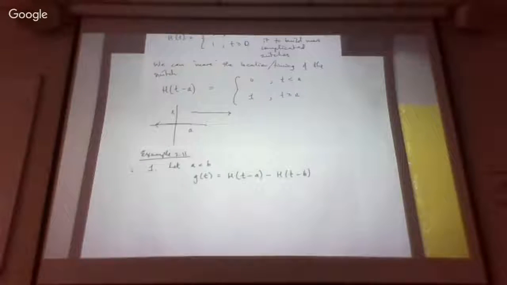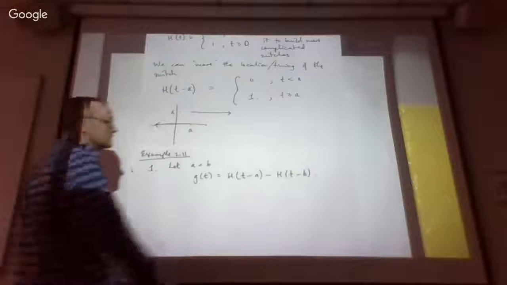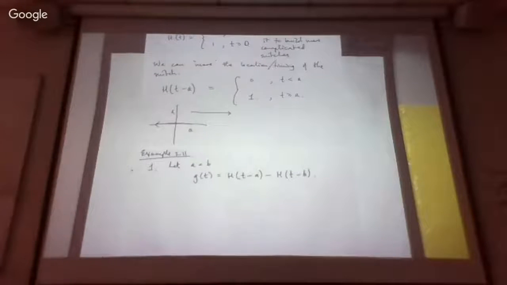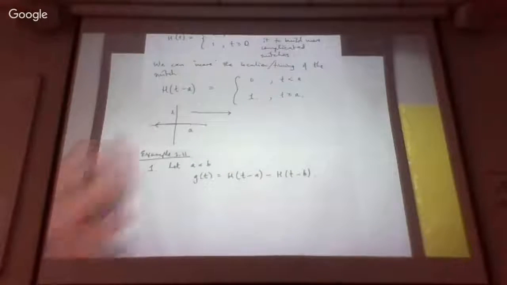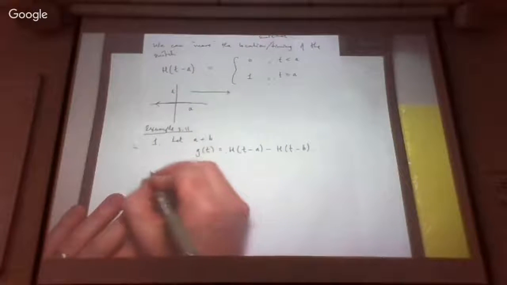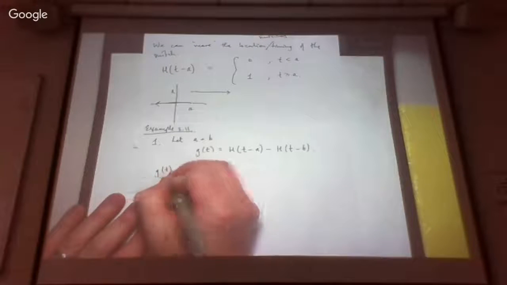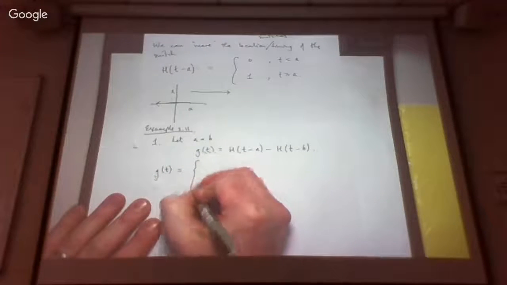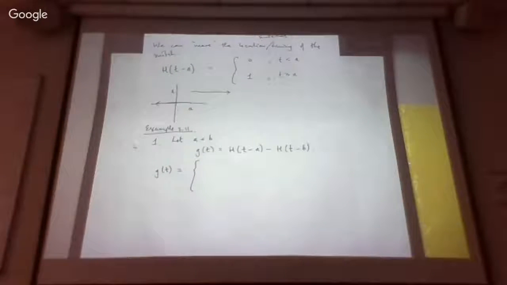The first one on the left has been shifted by a. The second one we're subtracting has been shifted by b. If you think about the behavior here, how does g of t behave?